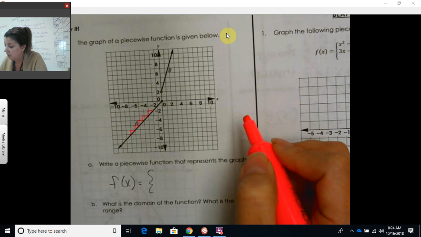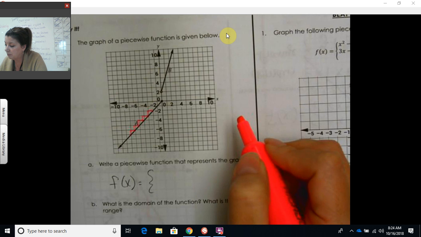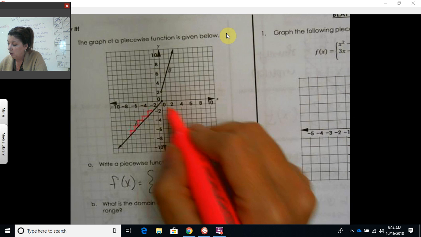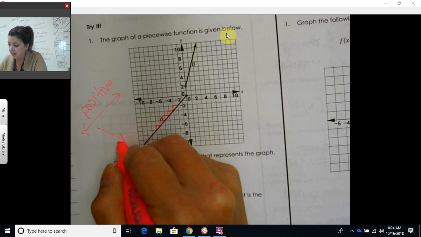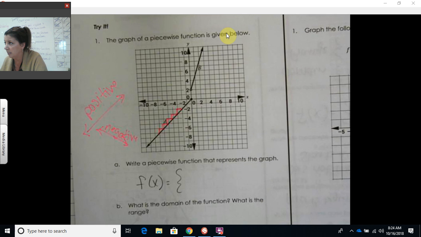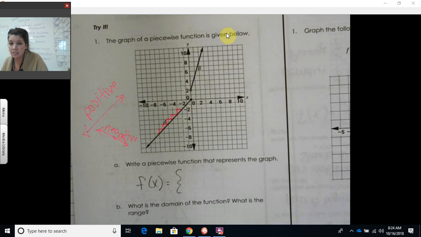Is that a positive slope or negative slope? We know when the right side of a line is pointing up, it has a positive slope. When the right side of a line is pointing down, it has a negative slope. This is just a piece of this function. I don't care where the arrows are going, okay? From left to right, is it pointing up or down? If it's pointing up, it's a positive slope. So what's the slope of A?